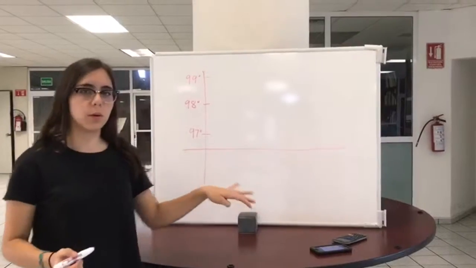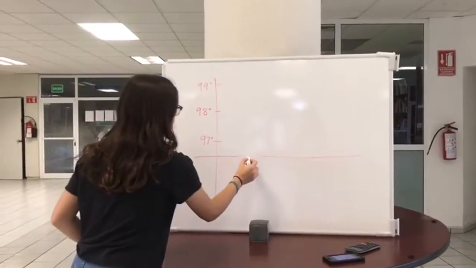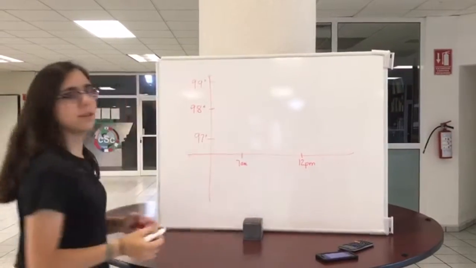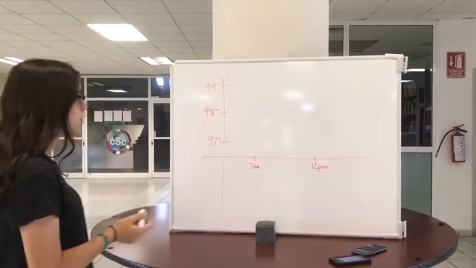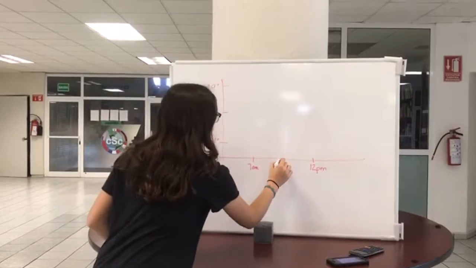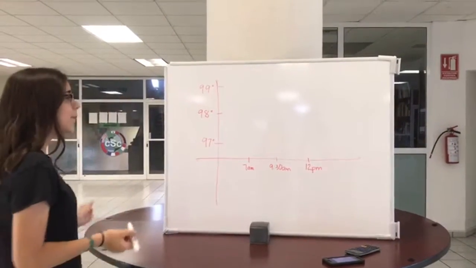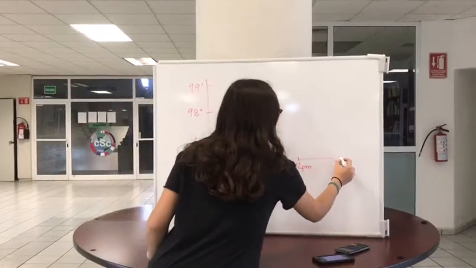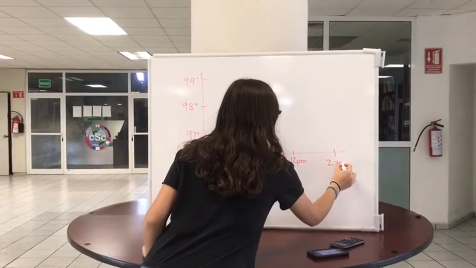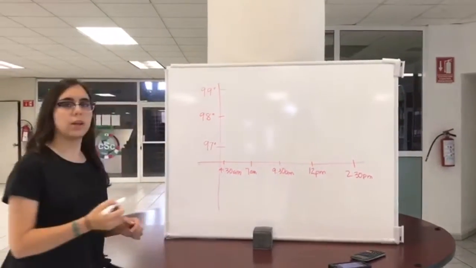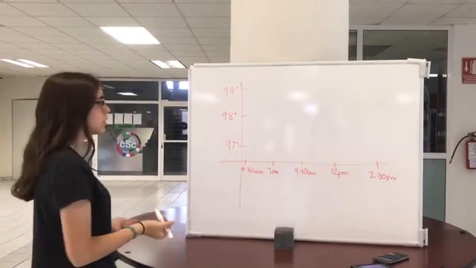For the intervals of the lower part, we have 7 a.m. and 12 p.m., which is given to us, and with this we need to identify the half, which is 9:30 a.m. And because the intervals are of 2 hours and a half, we now know that this is 2:30 p.m. And okay, so we need to start with our sine function.